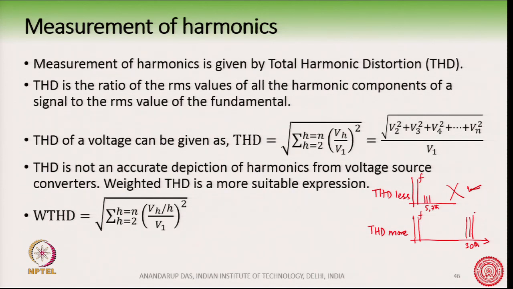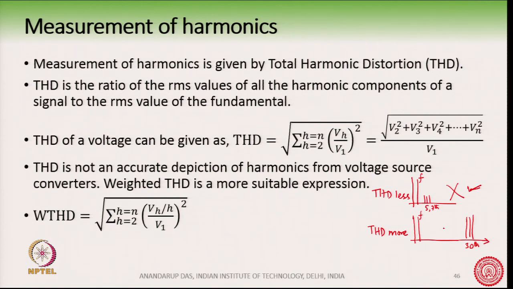In the second case, we have harmonics around the 30th, and they are easier to filter out by choosing a cutoff frequency, whereas for the 5th and 7th it is very difficult to filter them out, or we need a very big filter. So, these 30th harmonics are relatively easier to filter out.